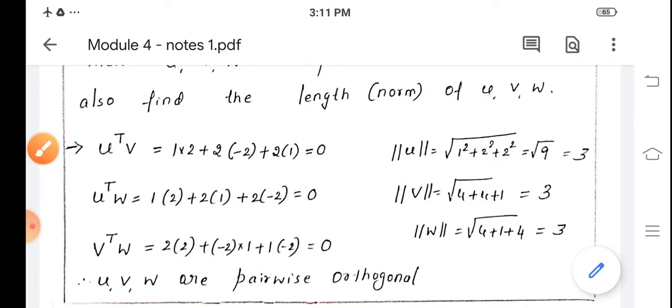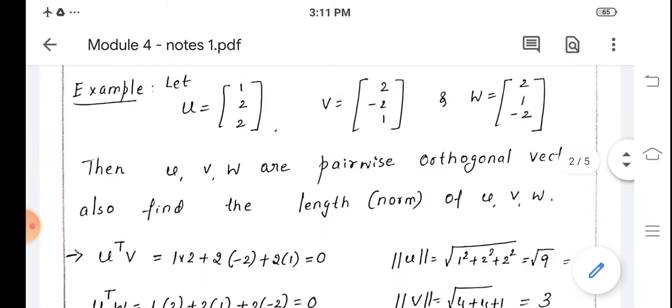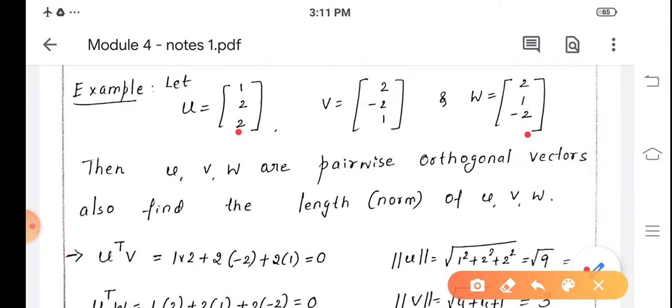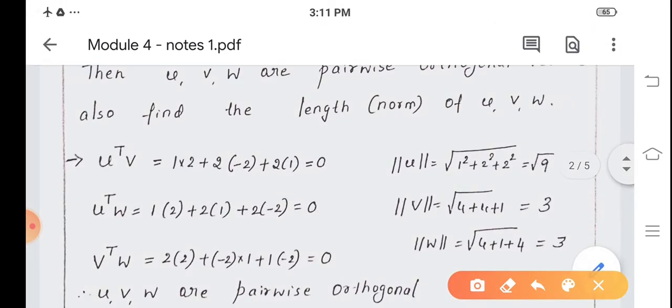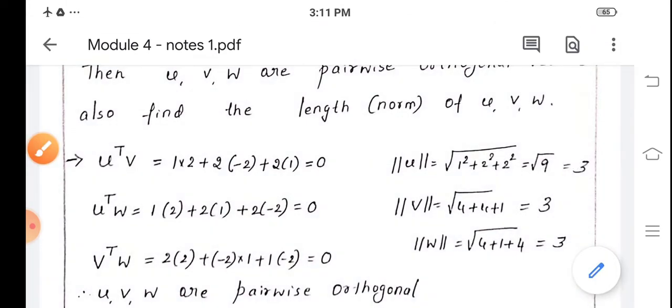Now we will find the inner product of vector u with w. That is 1 into 2 plus 2 into 1 plus 2 into minus 2. That is also 0.